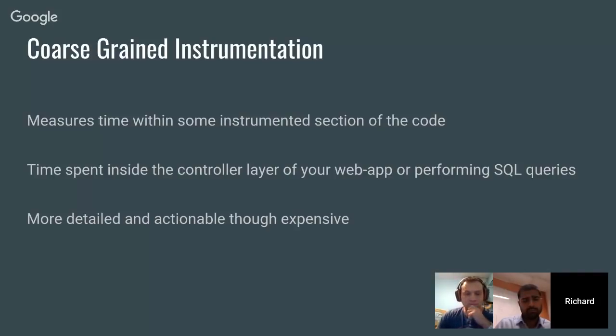In general, APM tools don't instrument all of your application because the overhead for that would be too high. They just give you coarse-grained information. For example, they can tell you how much time you spent within the control layer of your application, or how much time your SQL queries took, kind of big coarse-grained operations.